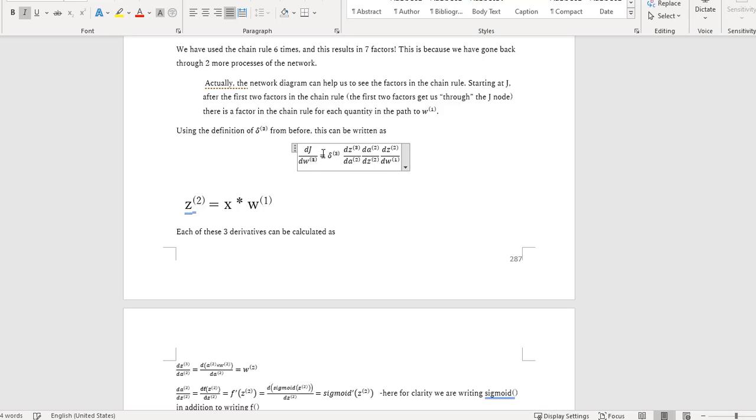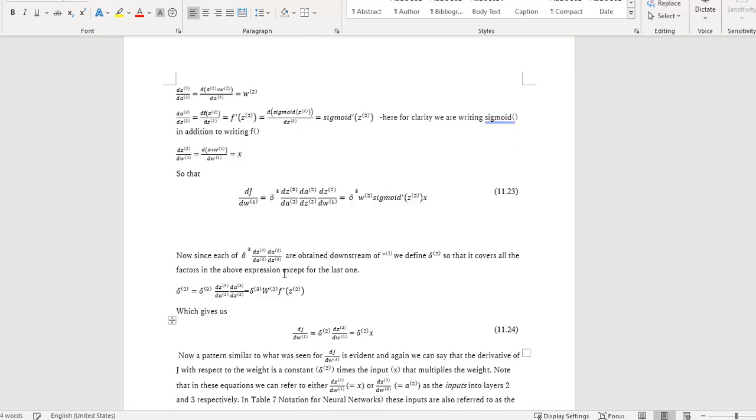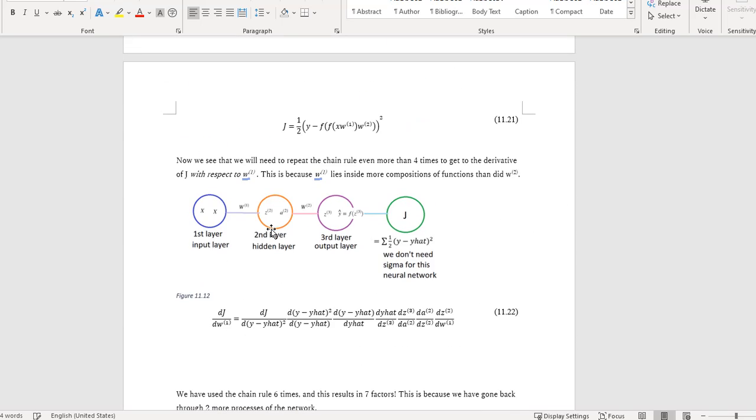Anyway, this calculation turns out to be just this part, which we call delta 2, times this part, which we just saw is X. So again, we get this same pattern where we say that the amount that we should update this weight is a function of the size of the input.